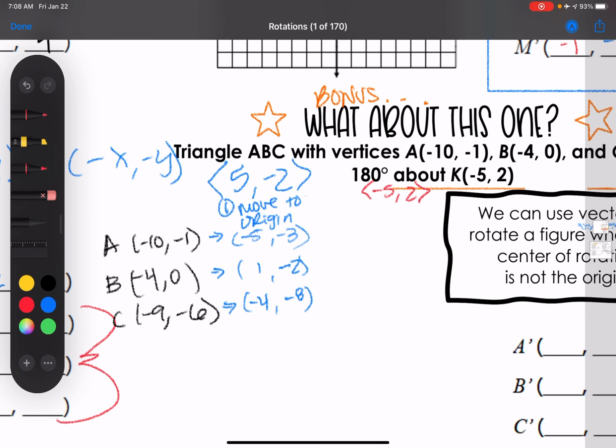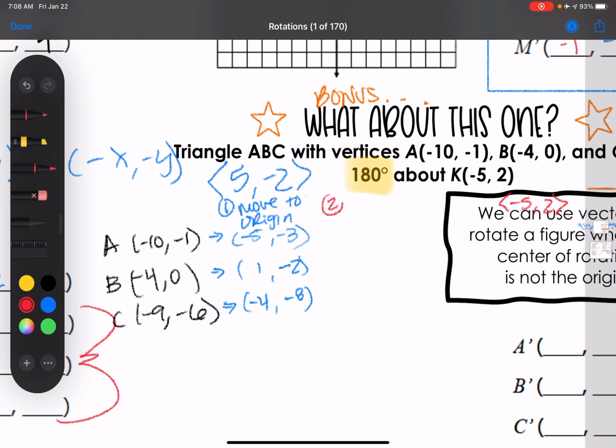All right, so now move that over a little bit. Now we have to do our actual rotation right here. So our rotation is 180 degrees, meaning we don't have to swap sides. It's staying in the same orientation, so to speak. It's only going to swap signs.